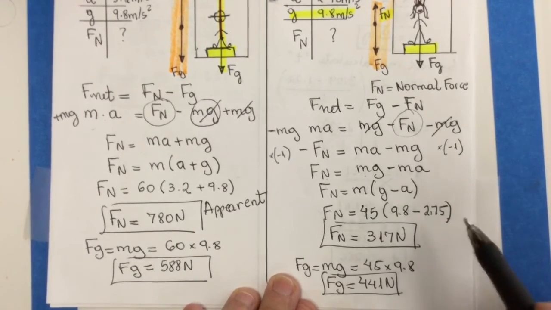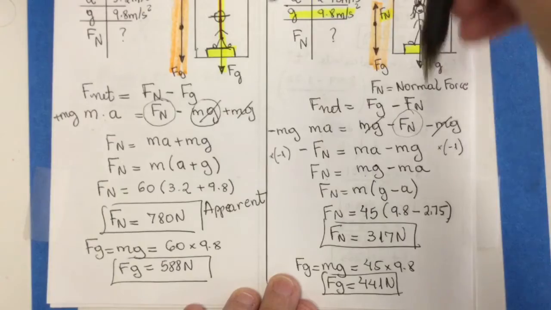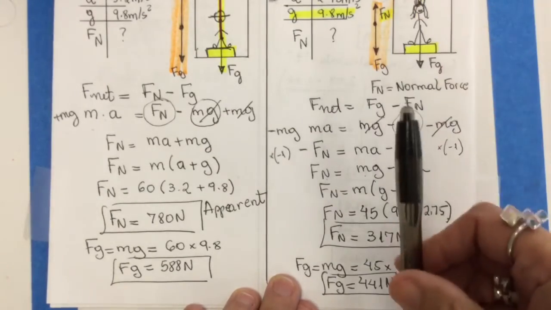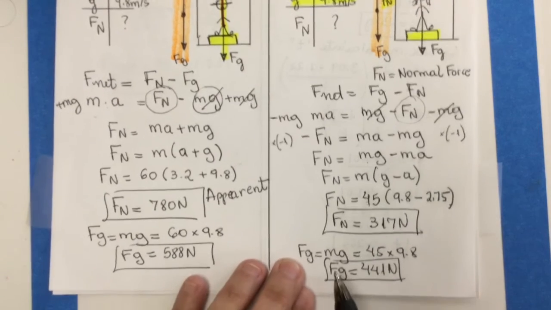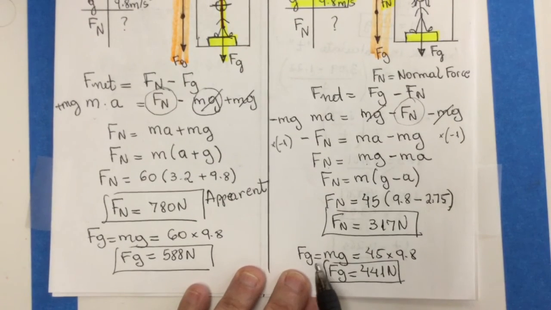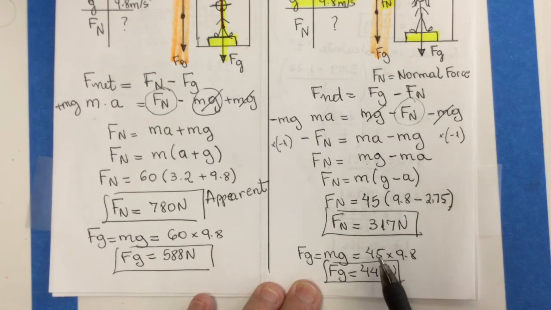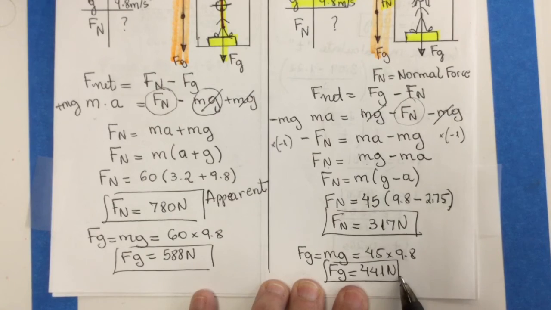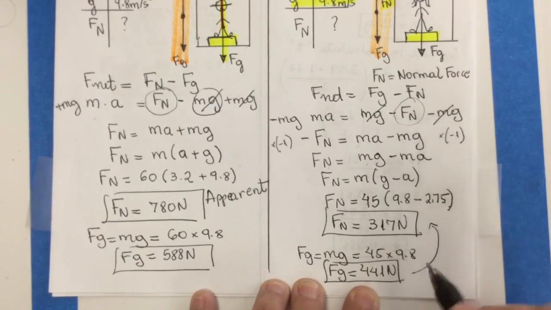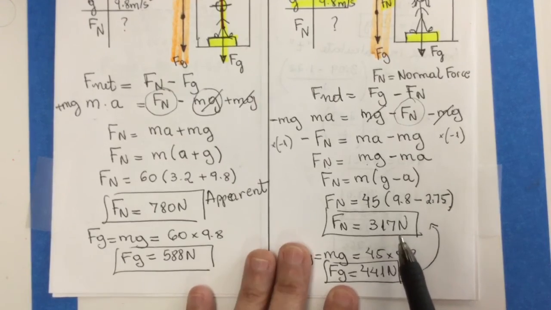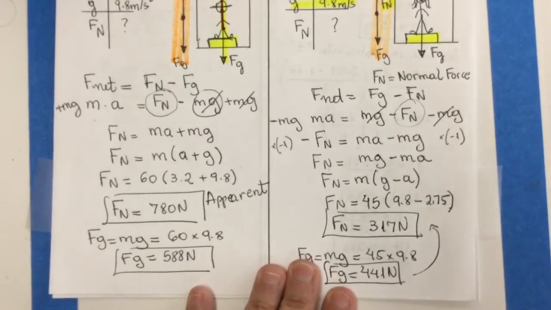It is less because when you come down in an elevator, you can feel that you are lighter. The real weight of the woman is Fg equals mg. Her weight is 45 kilos times 9.8, which is 441 newtons, which is more than the one that we read when she was in the elevator.